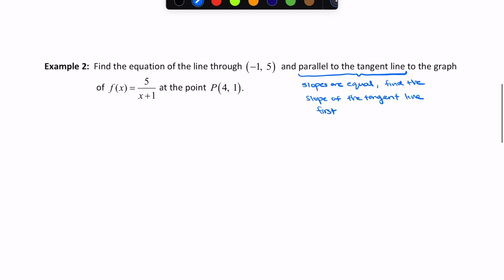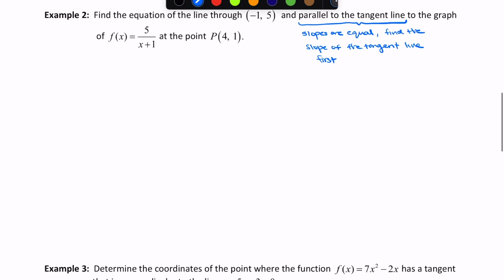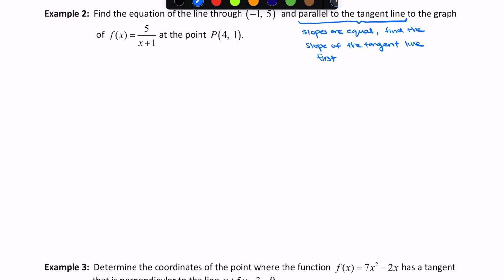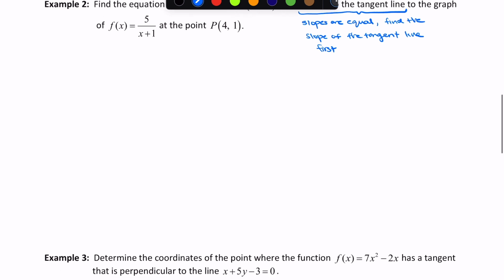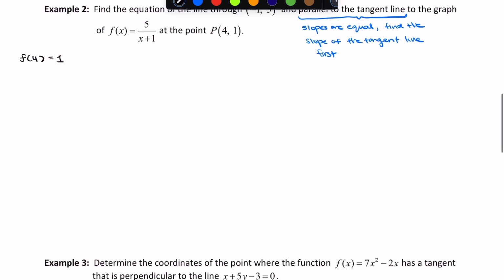Okay. So we know that this function, 5 over x plus 1, has a point at (4, 1). So let's sub in x is equal to 4. So f of 4 is equal to 1.